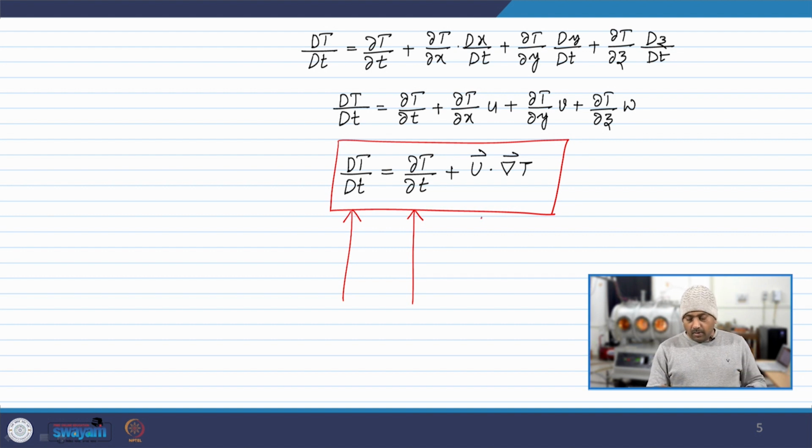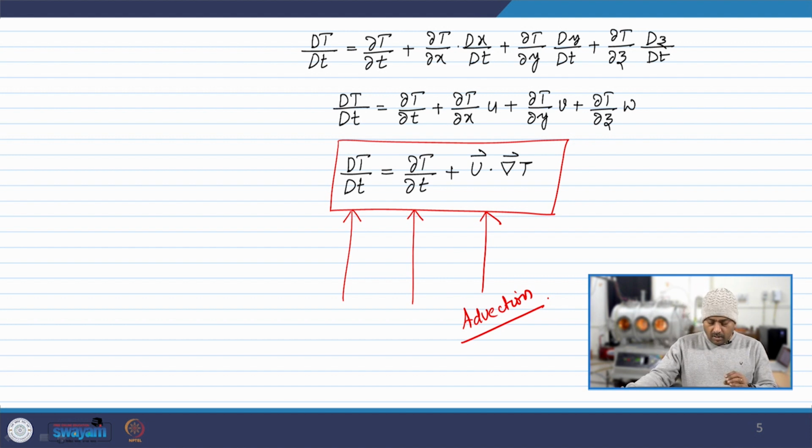It is not necessary that the change with respect to position should always be there. But another thing is the advection. This term is called the advection. So, this refers to change in the physical quantities at a fixed location due to replacement of original fluid with a new fluid. You understand?